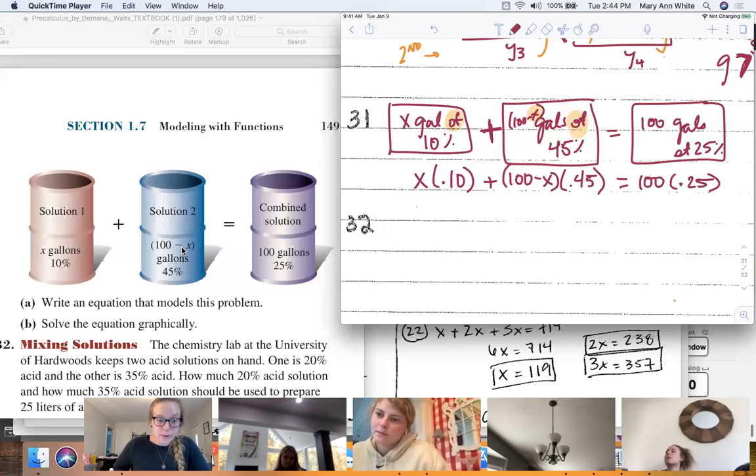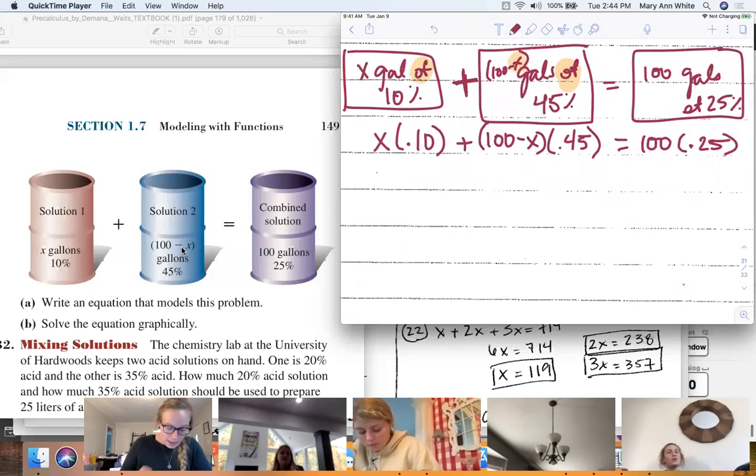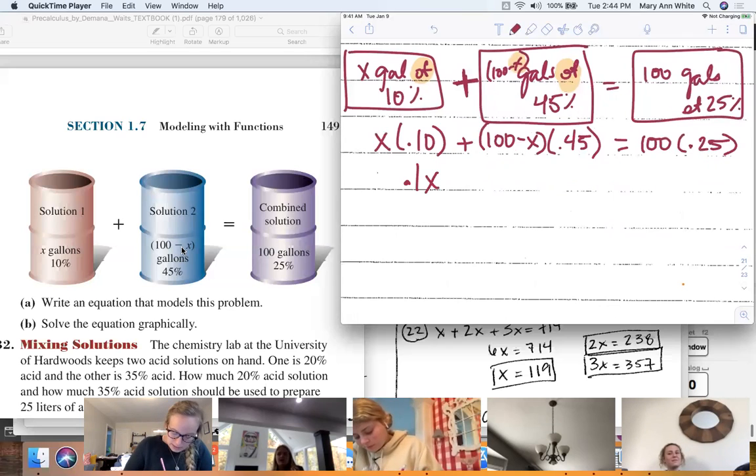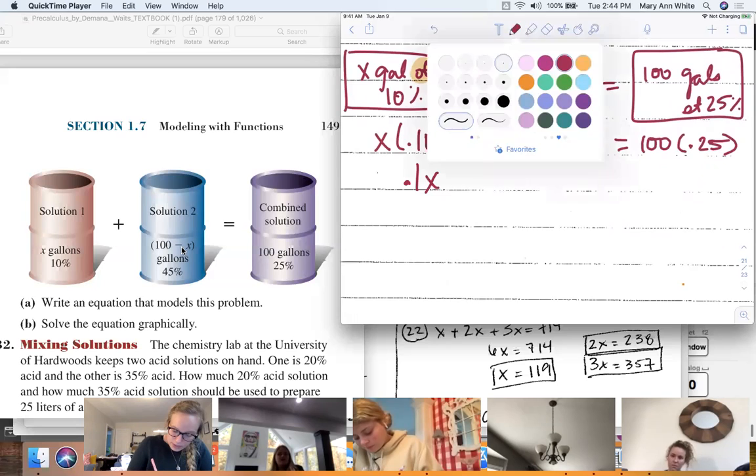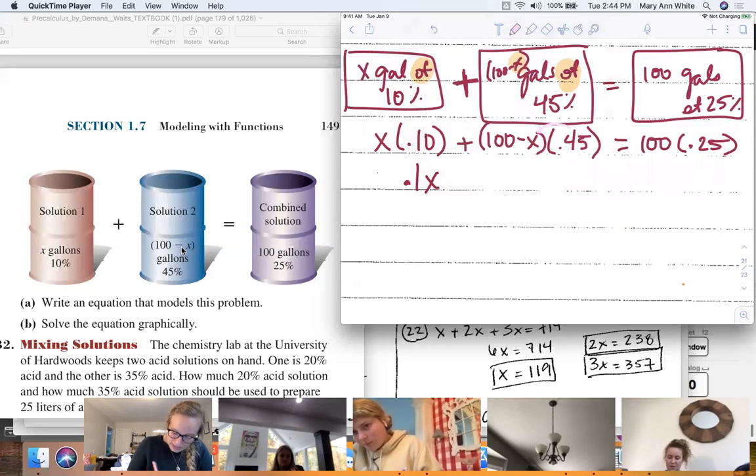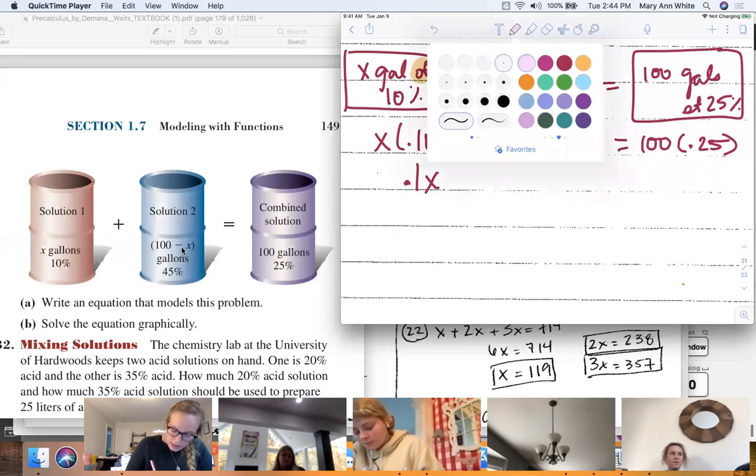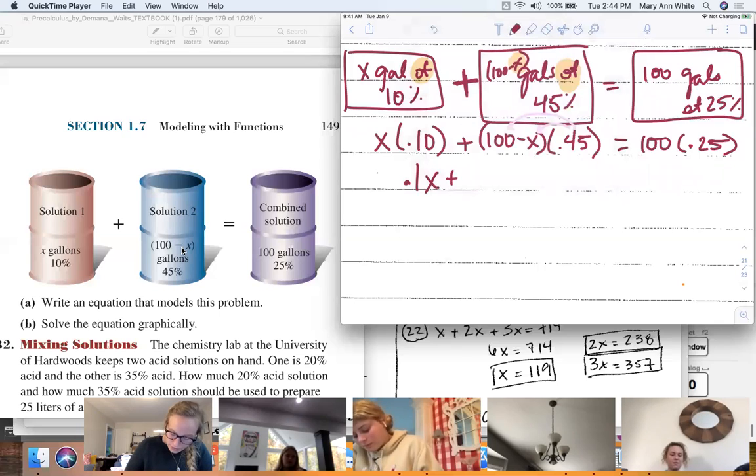Now it's just algebra and we just solve. So I'm gonna multiply as I can multiply, I'm gonna combine like terms when I can, I'm gonna divide when I'm done. So I've got x times 0.1, which is 0.1x. I'm going to distribute this 0.45 to the x and to the 100. Oh, that's an easy thing to multiply by. So 100 times 0.45 is 45, and then minus 0.45x.